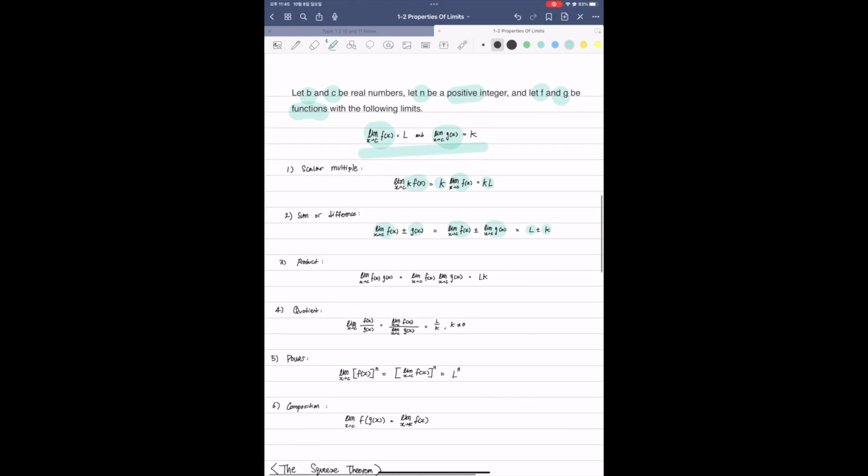Make sure you know the information that is given to you to solve the problem, because it is a very essential thing to know.